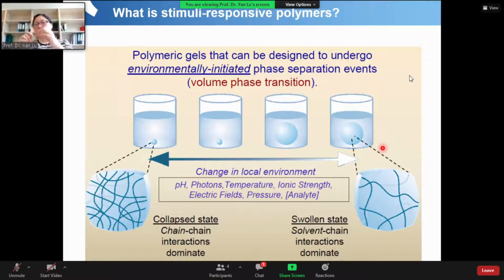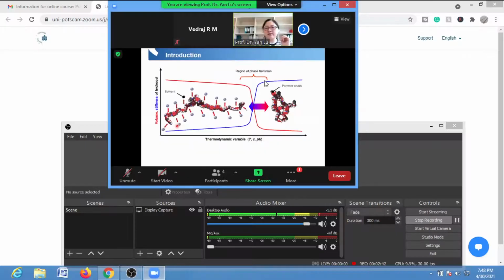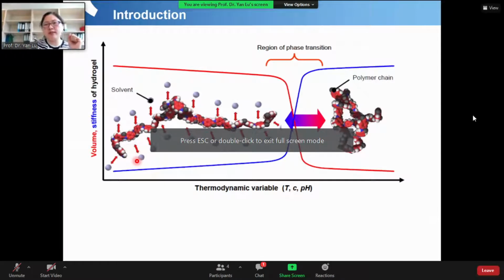They will transfer from the swollen state to the collapsed state, and in the collapsed state, the interchain, polymer-polymer interaction will be the dominant interaction. From this plot, it will be easier to understand.